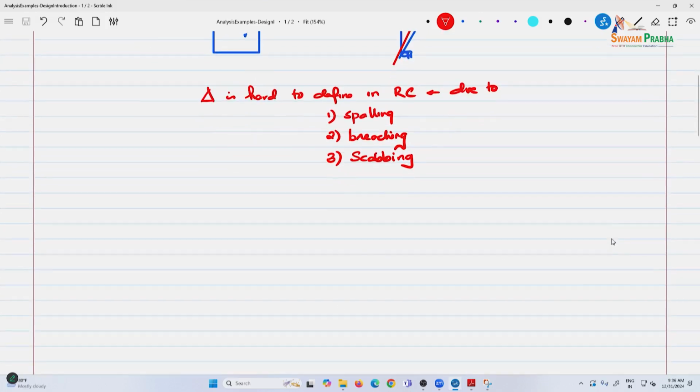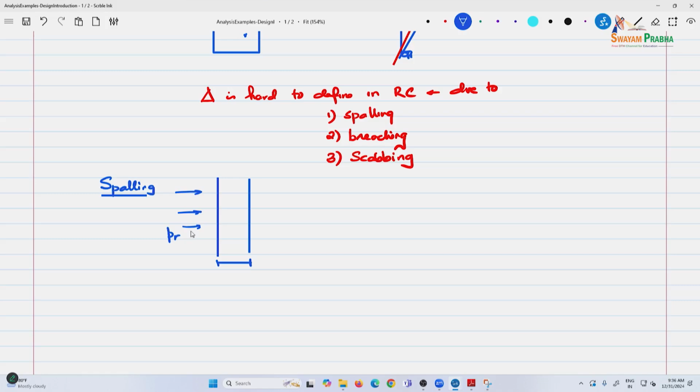But technically the differences are: the phenomenon of spalling is, you have the element depth h, and there is the compression, the pressure here, and within this element there is a compression waveform, a compression-tension waveform propagating through the RC element.